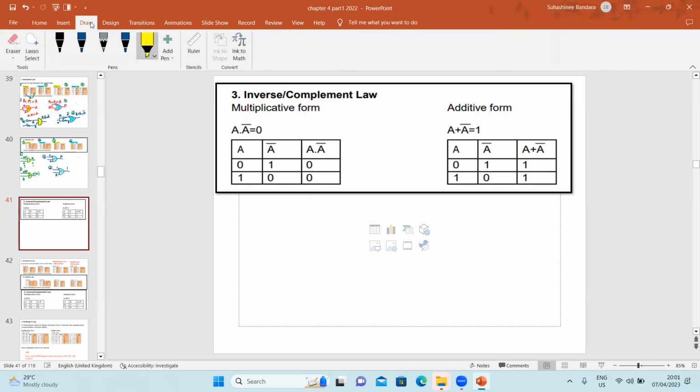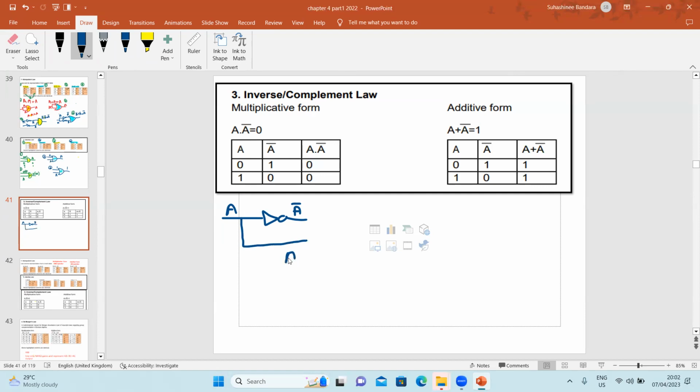Then by the time I draw the diagram. Normally there is no need to draw the diagram, but you should get a clear idea of this. So if there is an input going in, and if I use the NOT gate, then that will be A bar. This A bar and this A, I can use the same input, because I need the A only.